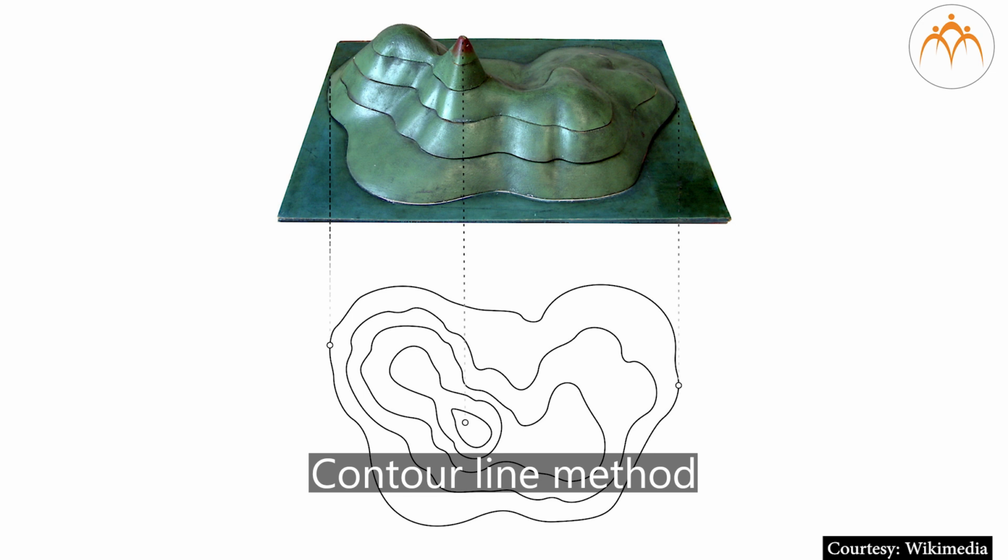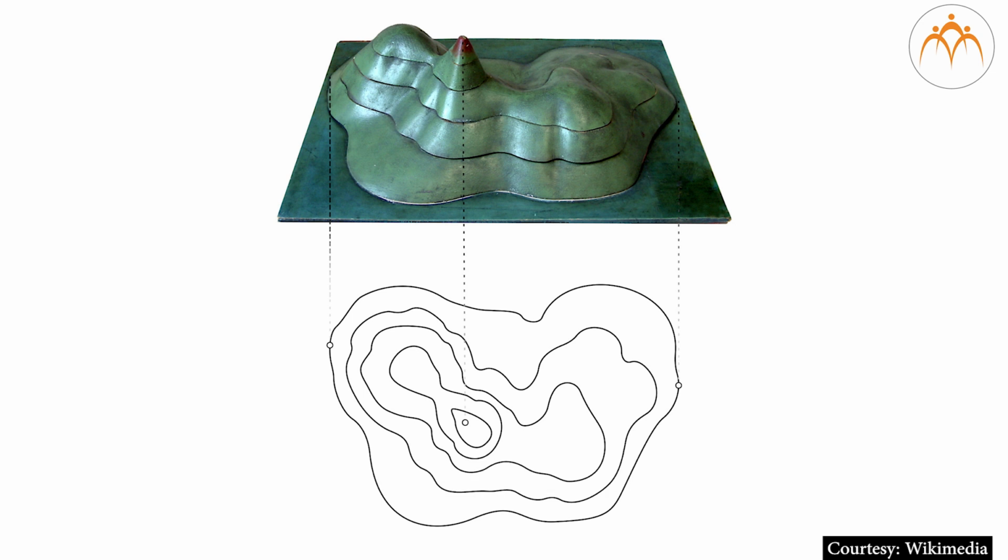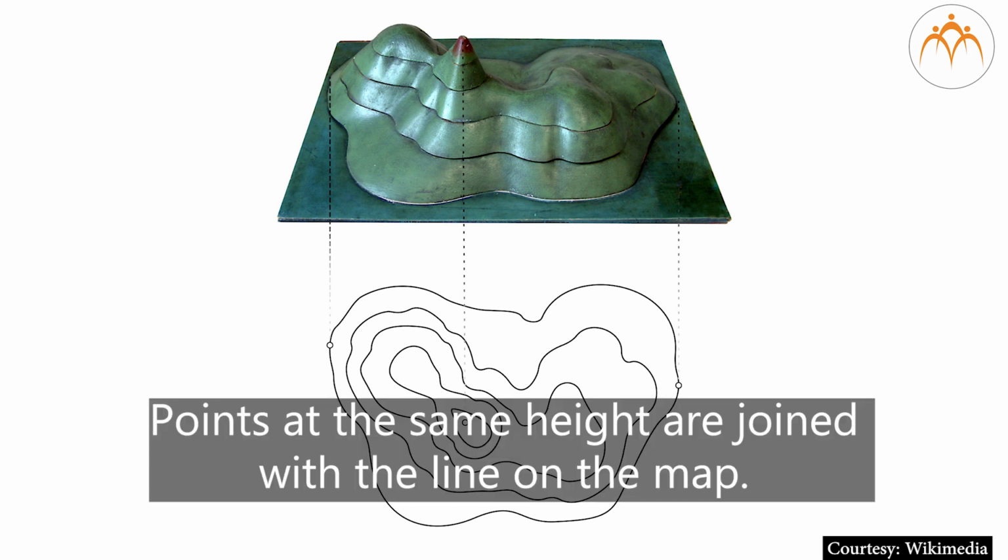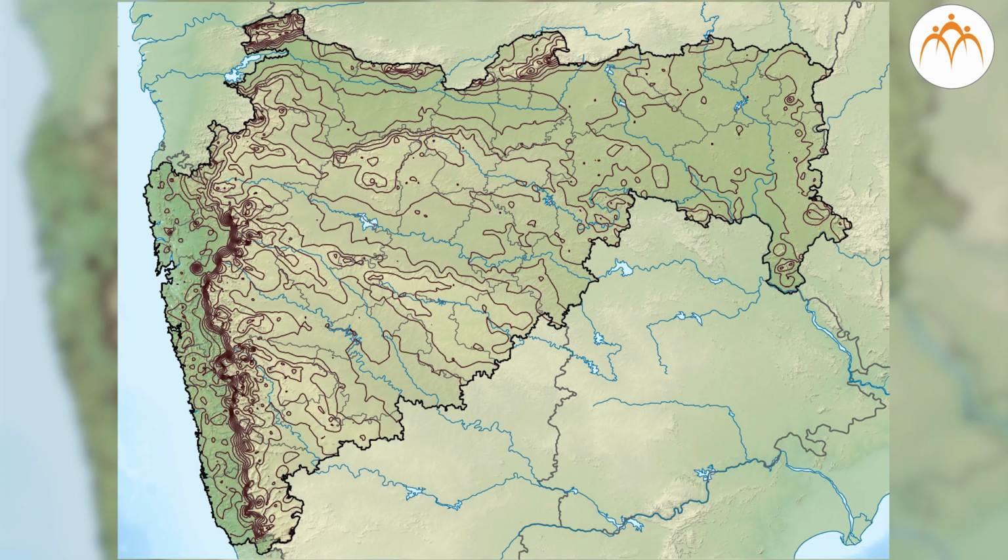Contour line method. In the contour line method, points at the same height are joined with a line on the map. Observe the following map. In this map, it can be easily observed that locations at the same height are joined by lines. Observe the map carefully.